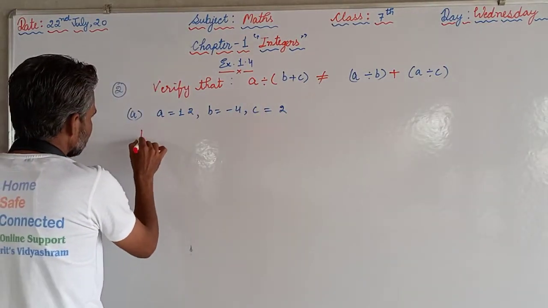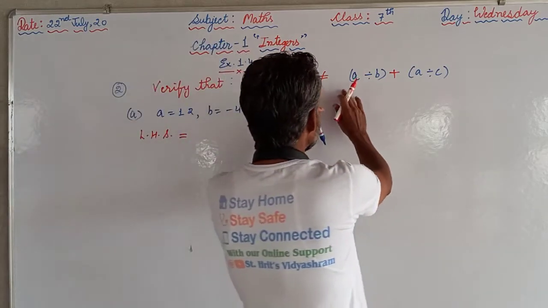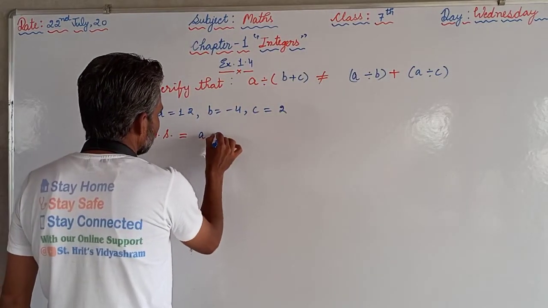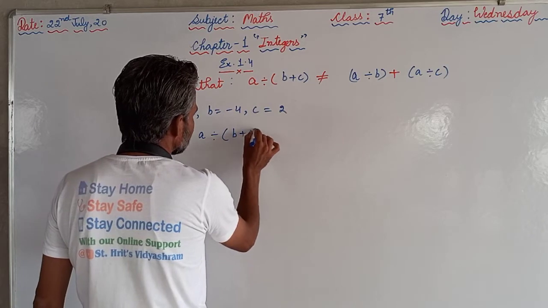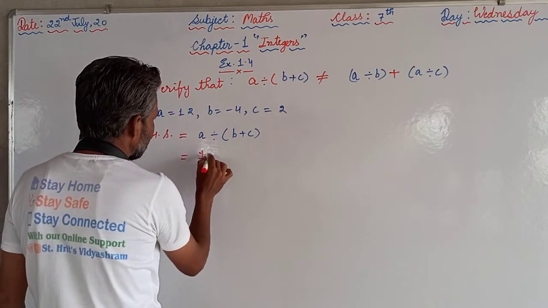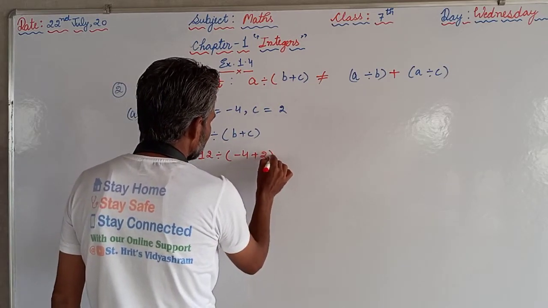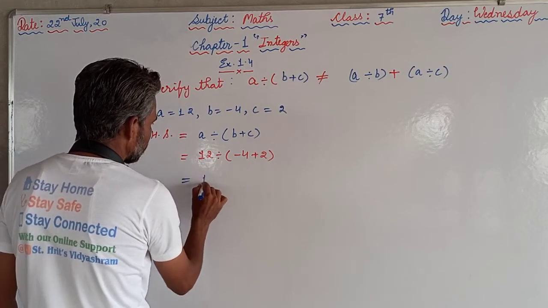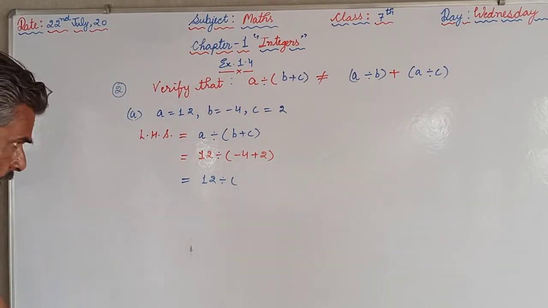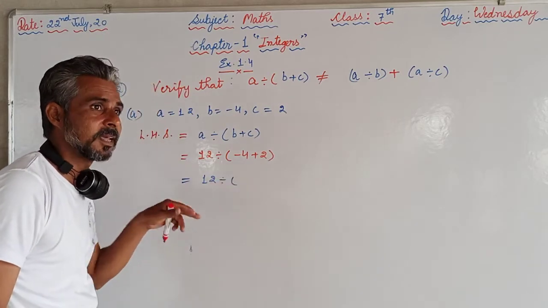So we will calculate the left hand side as well as the right hand side. Left hand side equals A divided by B plus C, which is 12 divided by -4 plus 2. Here both the numbers have different signs. First we decide the sign of the answer.